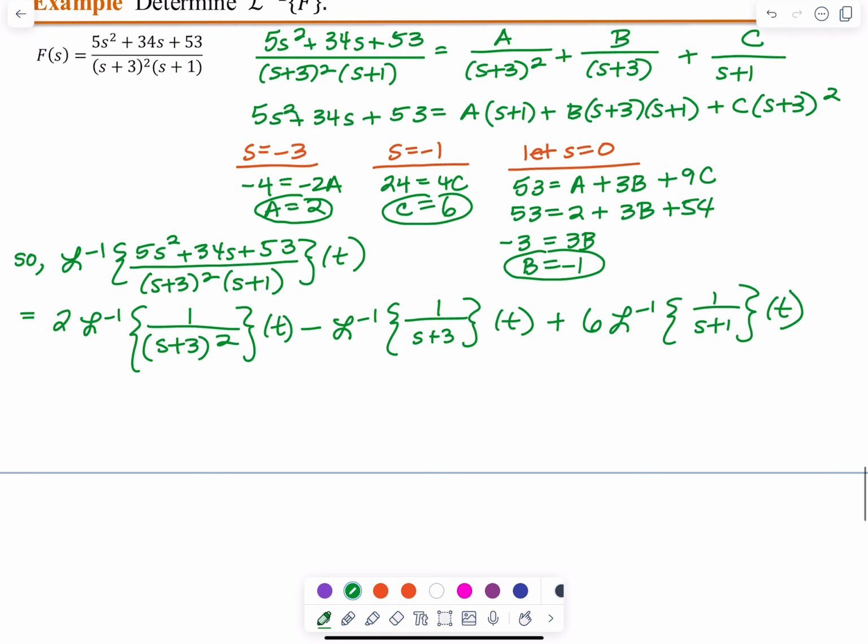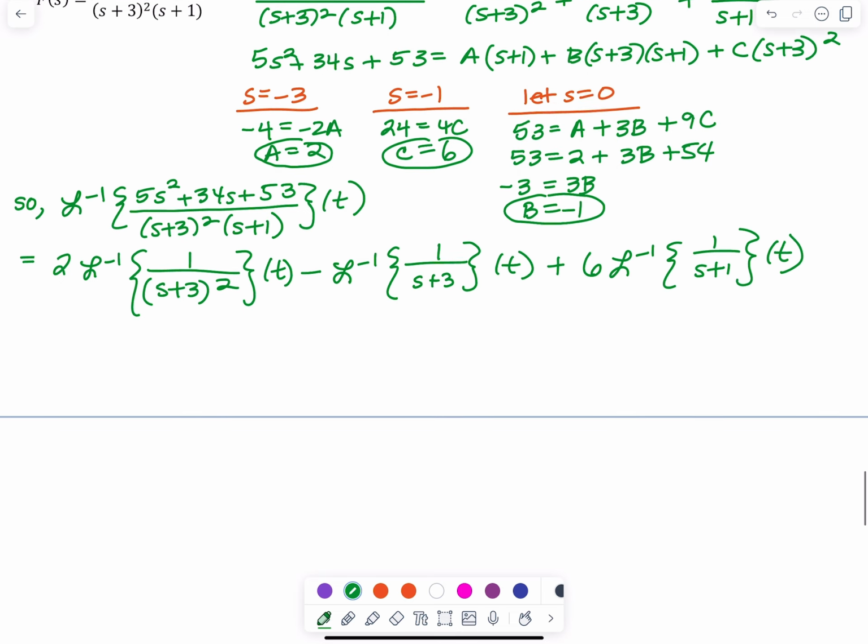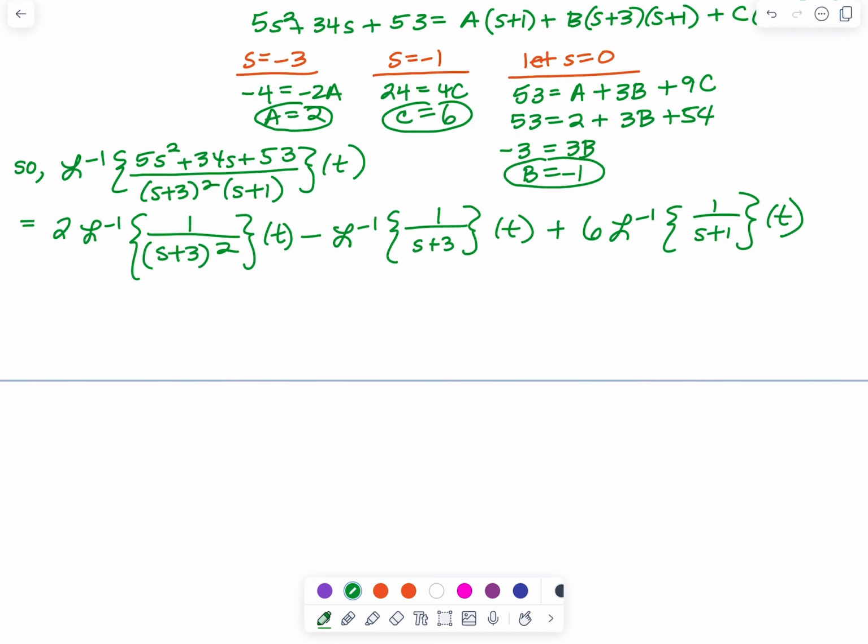Now, these are all exponentials. We can use the table, and I can tell you that when f of t is e to the at, we have our Laplace transform equal to 1 divided by s minus a. So this will help us here and here. Now, taking a look at this function, we have a second place in our column, where we have e to the at multiplied by t to the power of n.